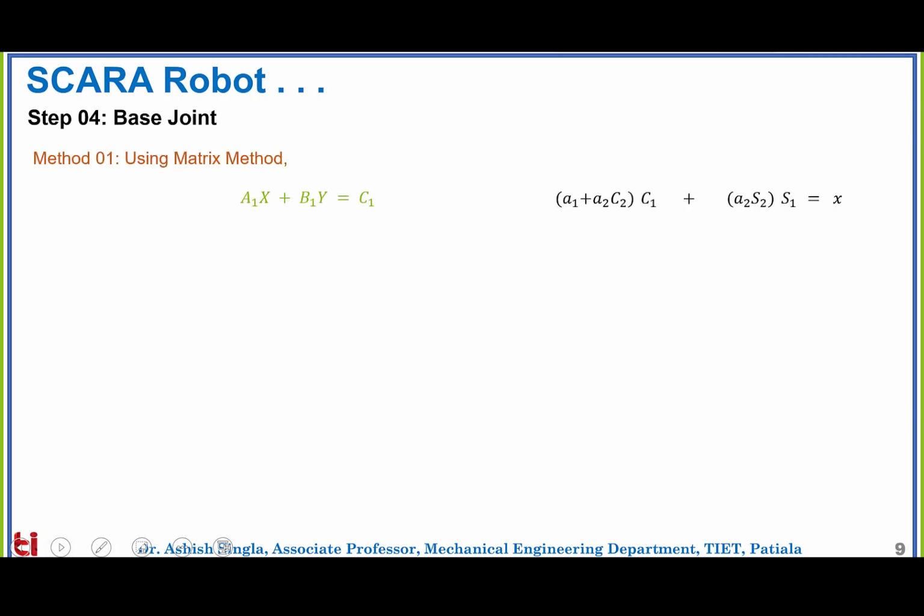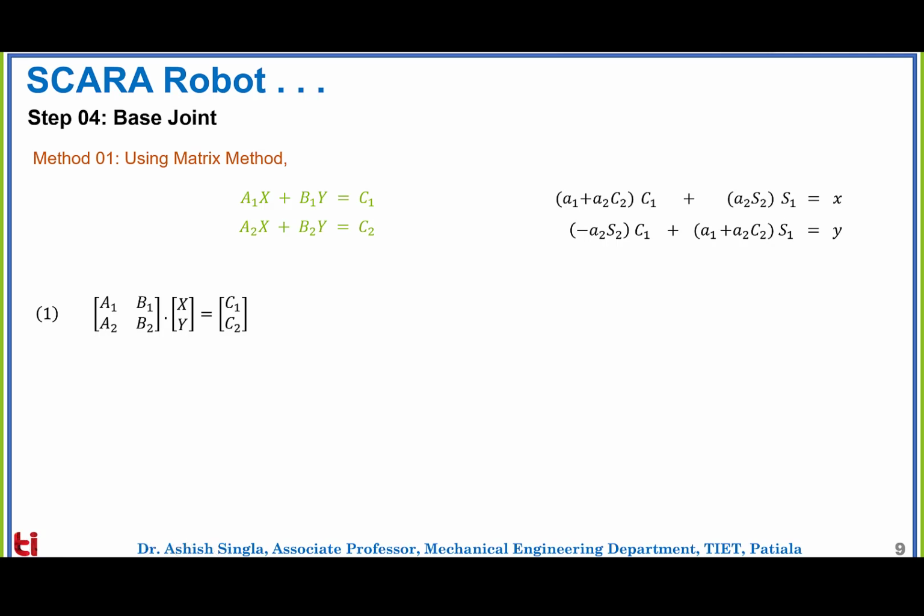Here we can write this in the form of a matrix like this: a1 b1 a2 b2. This is the coefficient matrix, this is the unknown vector, and this is the known quantities c1 c2. This can be written in the standard form Ax equal to b, where x is the unknown which we can calculate by taking the inverse.